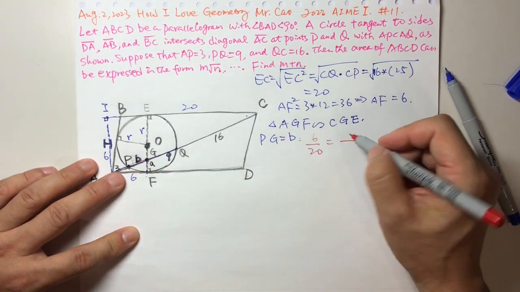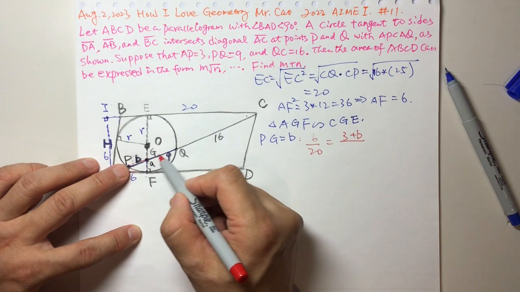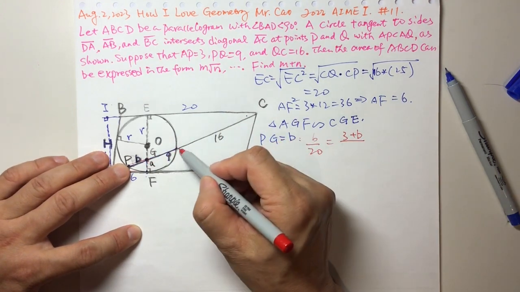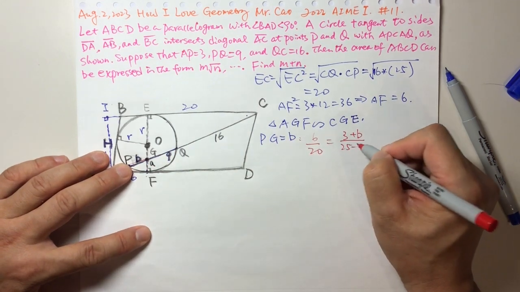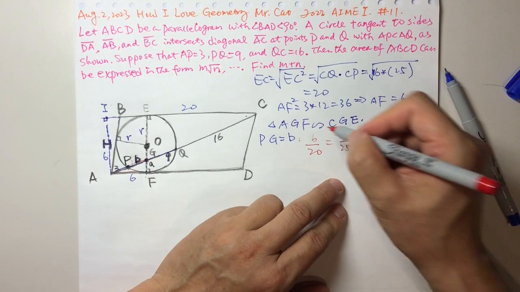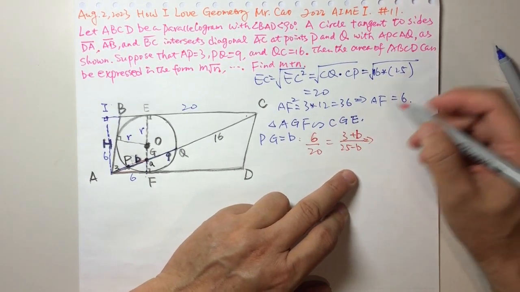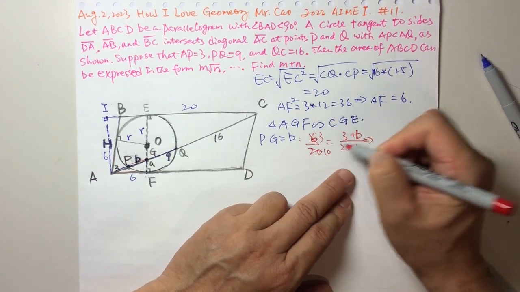So this is 3 plus B. And how to express this one? So that's 16 plus this 9, then minus B. So it's 25 minus B, right? Here is 6. This is B. Then we get 3 over 10.